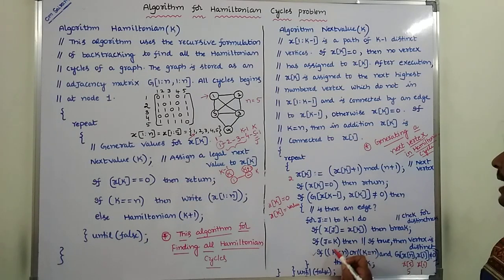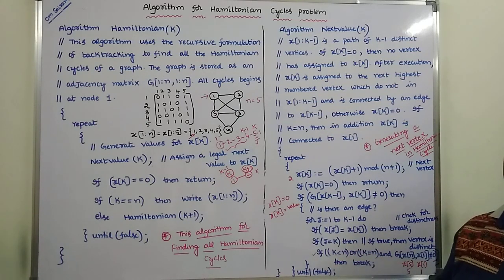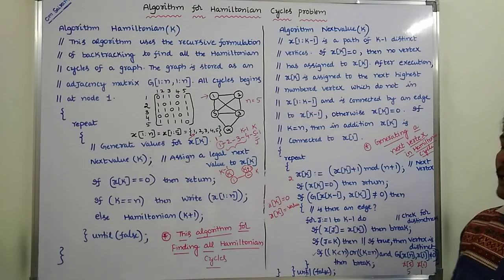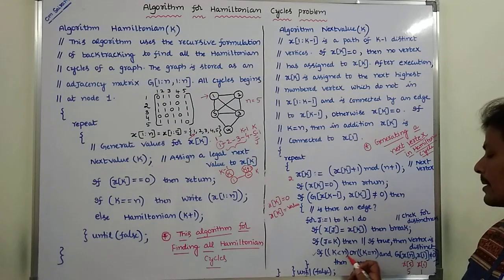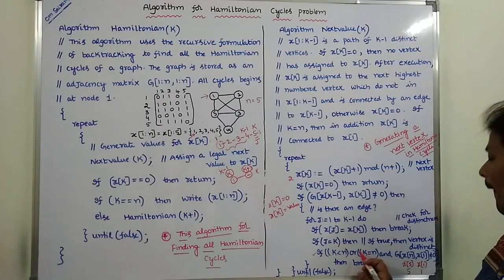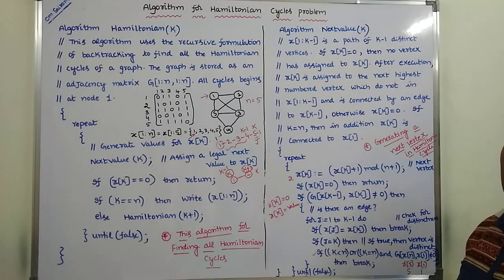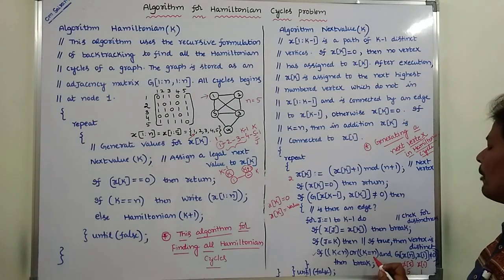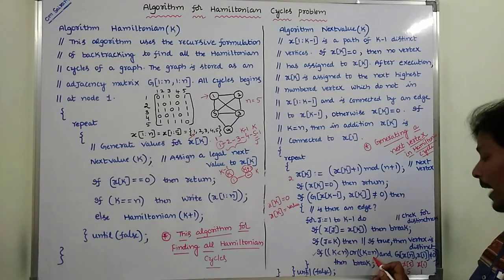K less than n means, suppose the k value is incremented 1 by 1. So if k less than n, the k value is less than the n value 5, or k is equal to n. The k value is equal to 5 and the n value is equal to 5.